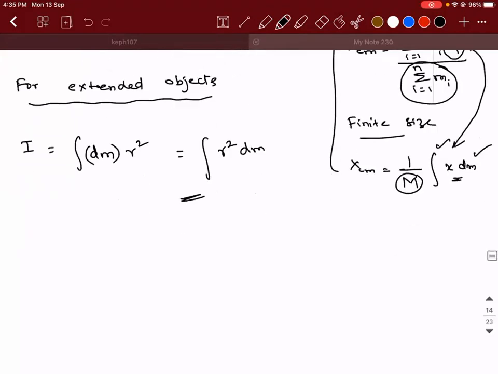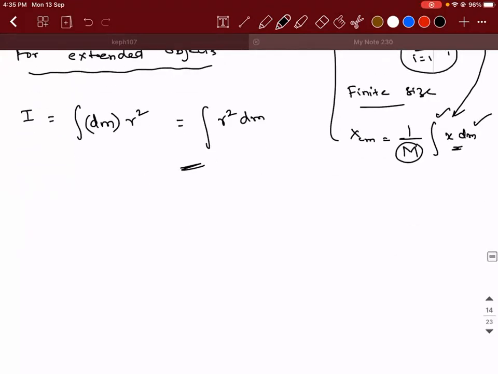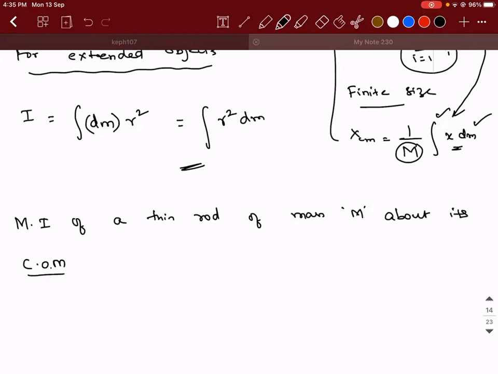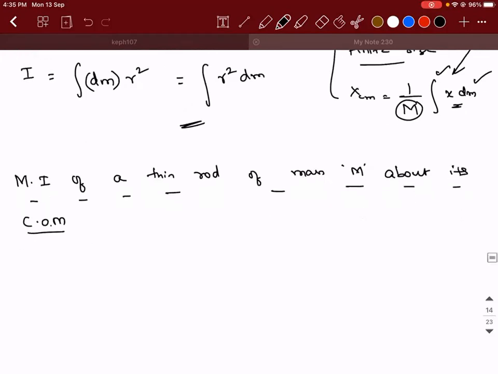I'll show you one derivation alone. Try to understand this. The moment of inertia of a thin rod of mass capital M about its center of mass. There is a thin rod, thin in the sense its thickness is ignored, and this thin rod is revolving about the center of mass.